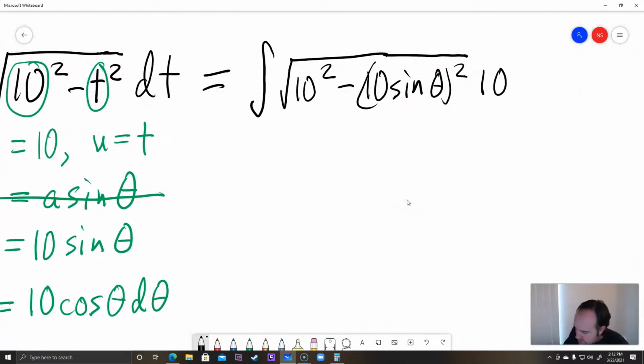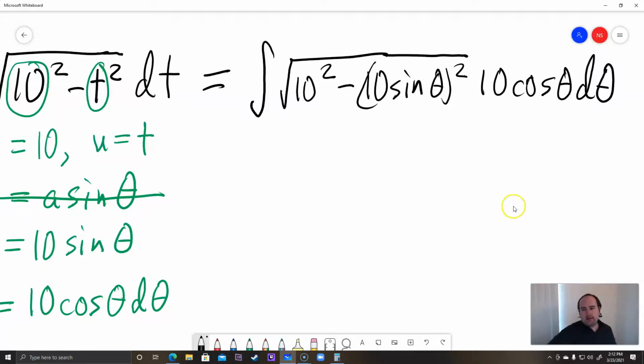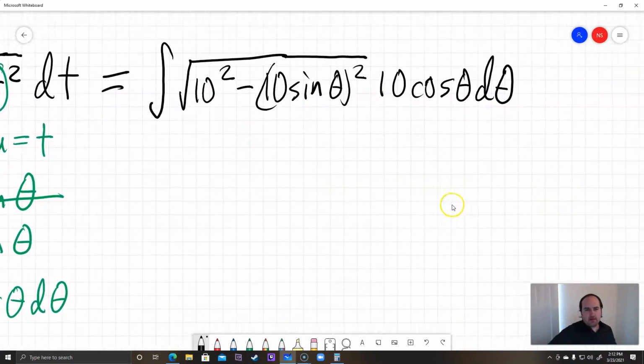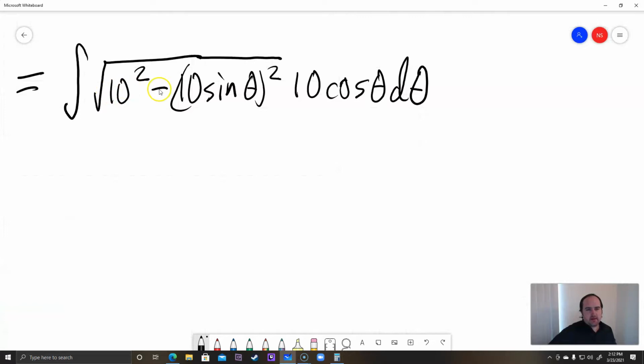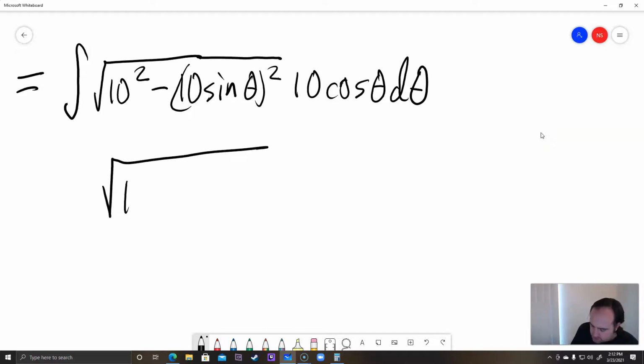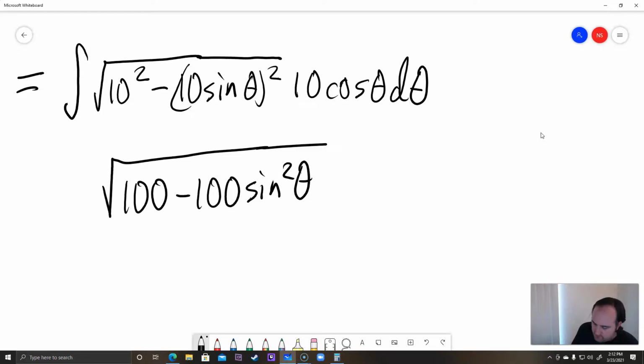All right, and then we can simplify this a bit. If we look inside the integral, distributing the square, 10 squared is 100, so we have 100 minus 100 sine squared of theta inside of the square root.